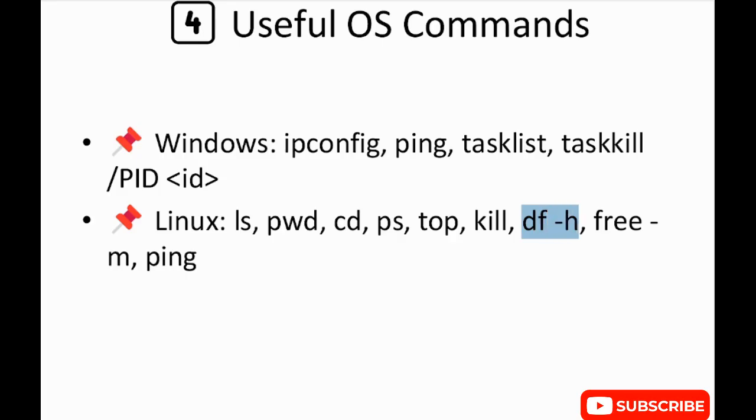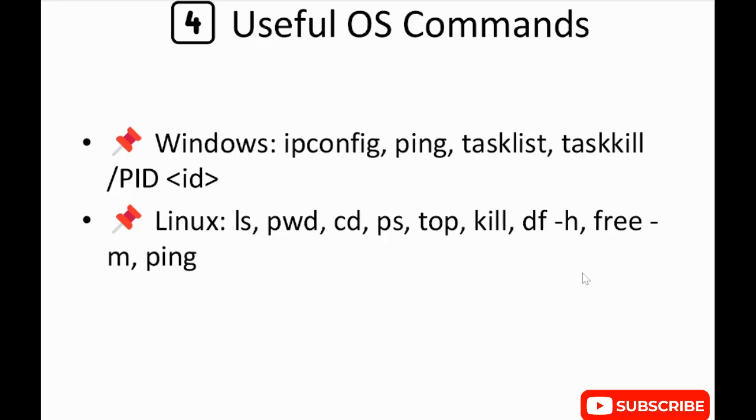df -h is used to check the disk, how much space is free and how much is full. You can check the size of the disk. free -m is mainly used to display the amount of free and used memory in your system, similar to df -h.